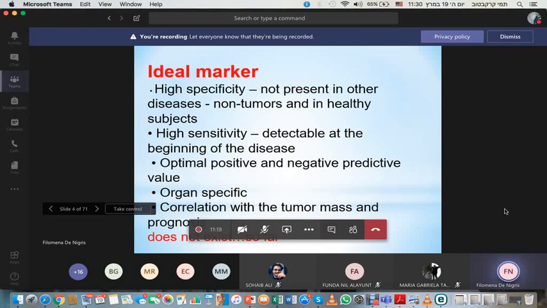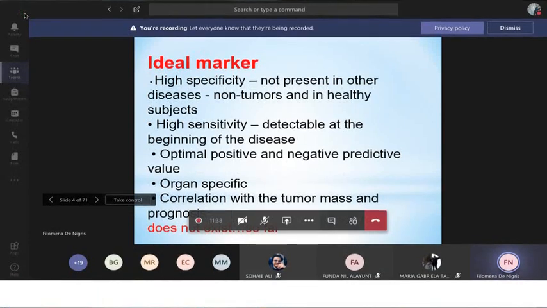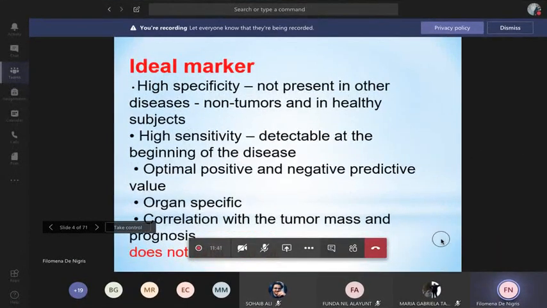We can imagine having the ideal marker. The ideal marker is a molecule with very high specificity. This means that it is present only when the patient has a tumor and is completely absent in healthy patients, or not related to tumors.